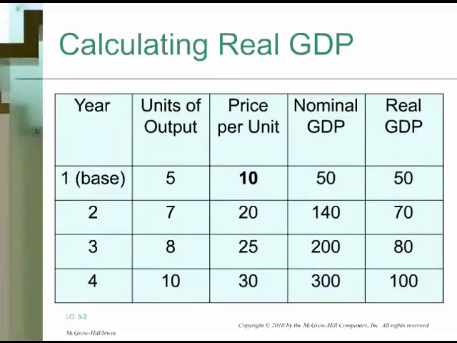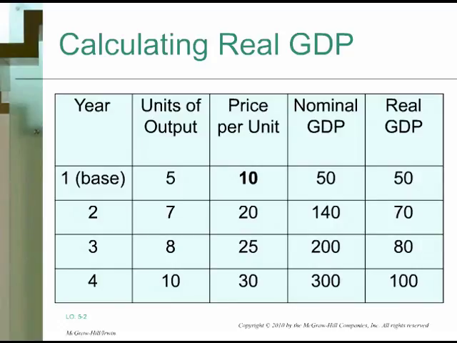Let's consider an example of how to calculate real GDP. Suppose year 1 is a base year. Suppose in years 1 through 4 there were 5, 7, 8, and 10 units of output produced respectively. In each of these years, price per unit of output was $10, $20, $25, and $30.